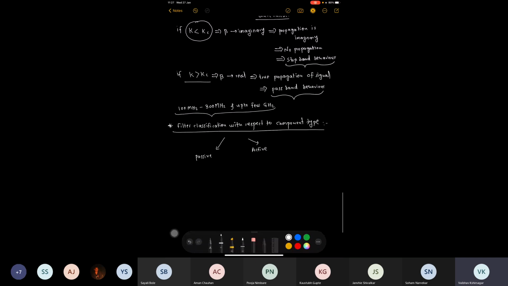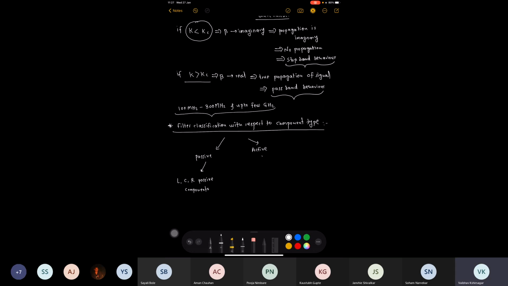So what are passive filters? The filters which make use of inductors, capacitors, and resistors as the passive elements for their construction. When we make use of these components in the design of the filter, we call it a passive filter, because inductors, capacitors and resistors are passive components.